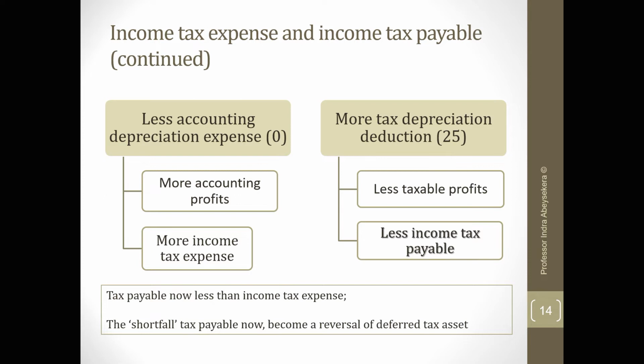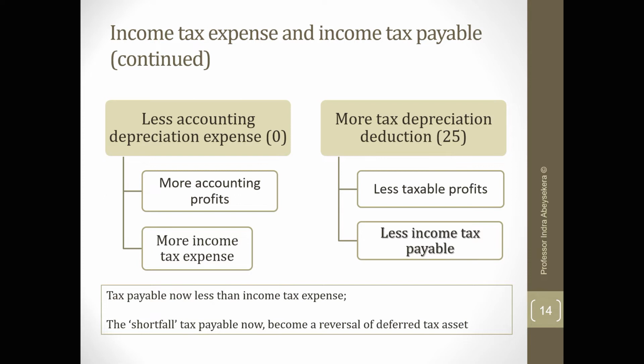But when it comes to taxation, there's a depreciation expense deduction, and there's less taxable profit, so there's less income tax payable. So the tax payable is now less than income tax expense. So what must be paid is less than what should be paid.